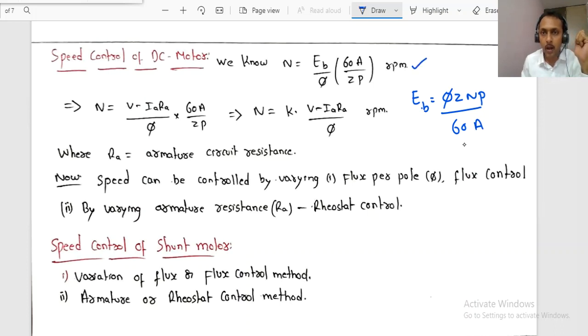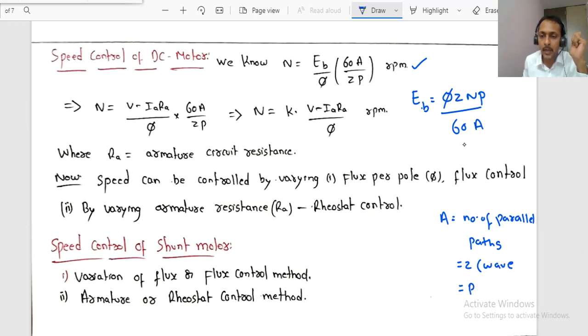In this formula, EB indicates the back EMF, phi indicates the flux, A indicates the number of parallel paths. If you recollect the previous basics, this A will be equal to 2 if the winding is wave type, and A will be equal to P, the number of poles, if it is lap winding.